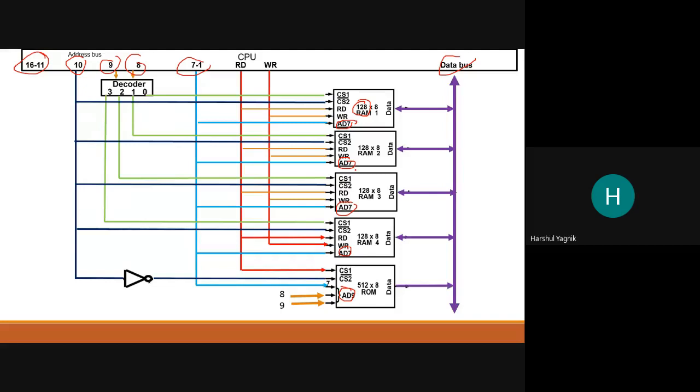The data bus of each RAM and ROM is connected. In the address lines, for the ROM, the two additional address pins 8 and 9 are directly connected to pins 8 and 9 of the ROM.